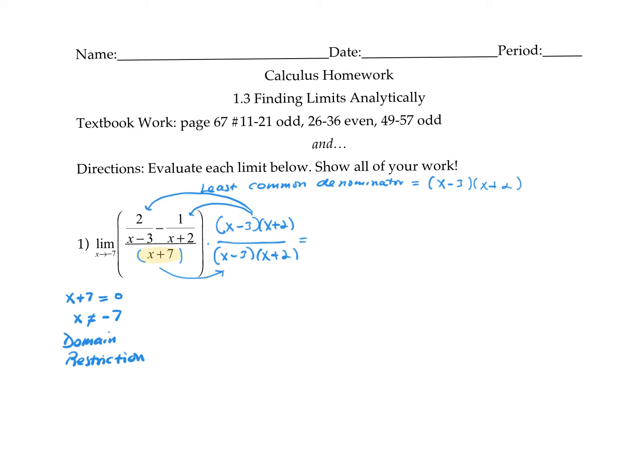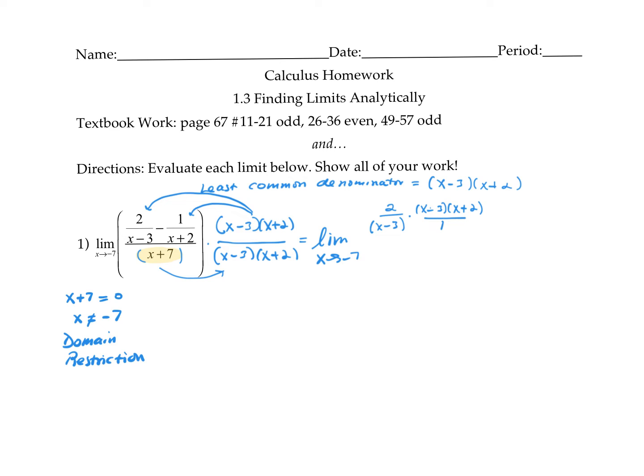One thing to keep in mind is that we need to keep it in limit notation. So the limit as x approaches -7. I'm going to write everything out. Remember, you can shortcut it if you can see what is going to reduce when you multiply by the LCD. So that should be x minus 3, and then x plus 2.